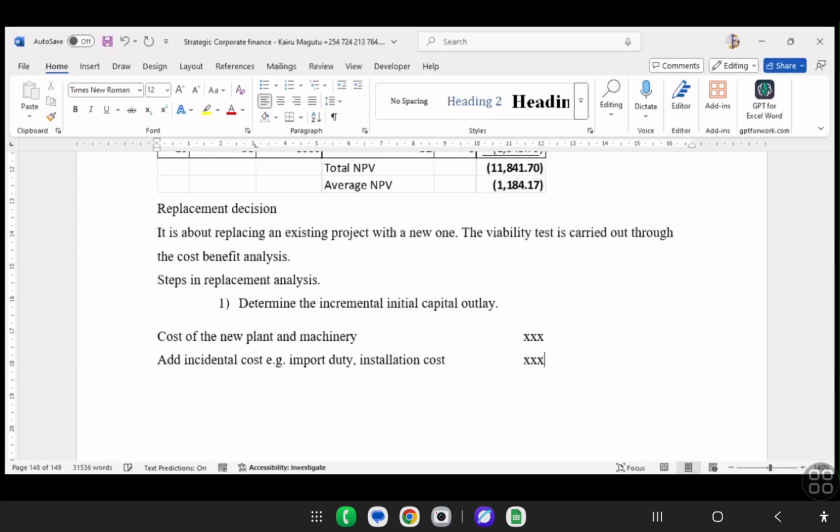You take all these costs that are incurred at the time that you are acquiring a new machine, you sum them together. That will give you what you call the depreciable cost, the value that will be depreciated. The depreciable cost is the cost of the new machine to be acquired.